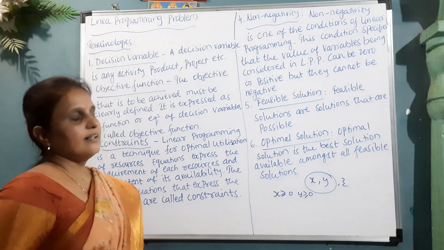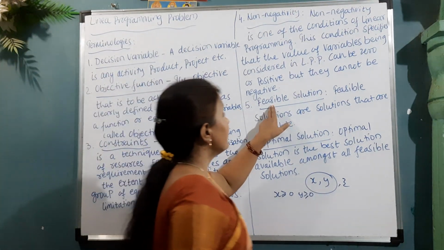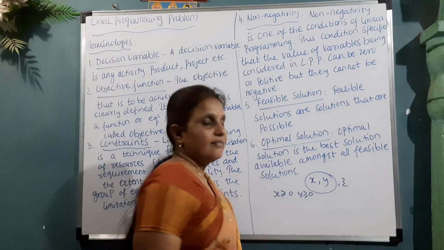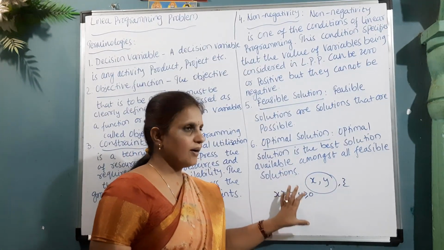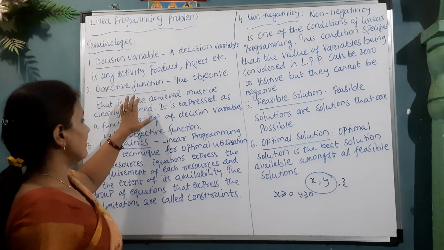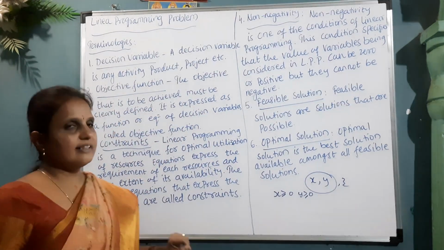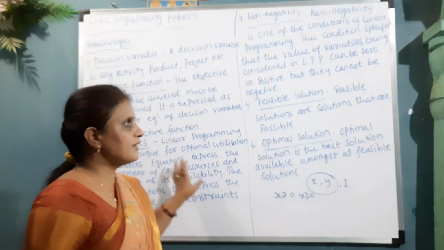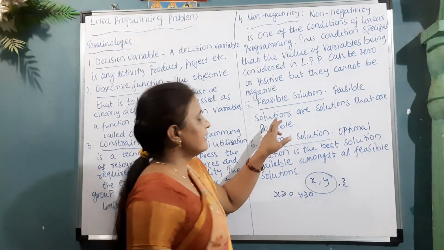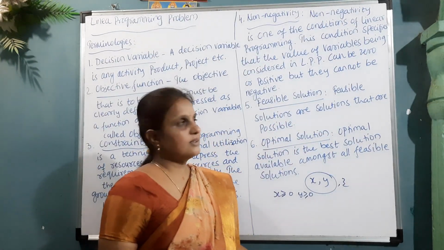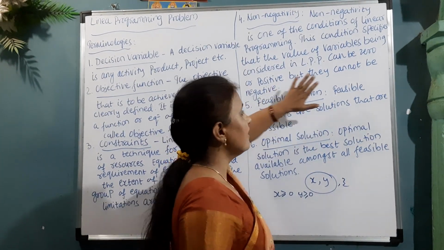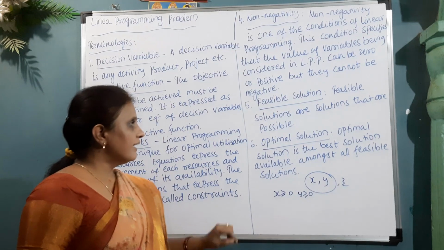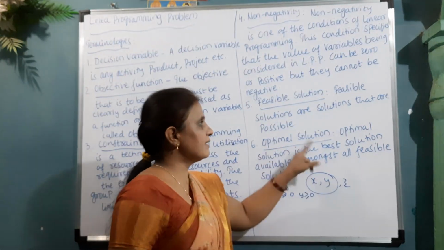Now the next terminology is feasible solution. When we express one particular problem with an objective function using constraints, it can be solved in many ways. There may be many possible solutions, and those possible solutions are called feasible solutions. The next terminology is optimal solution.